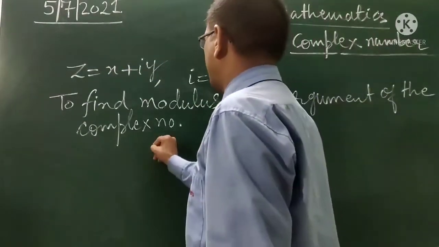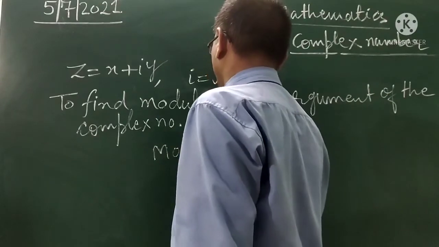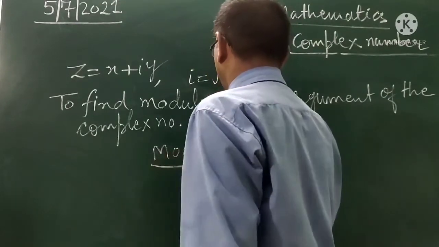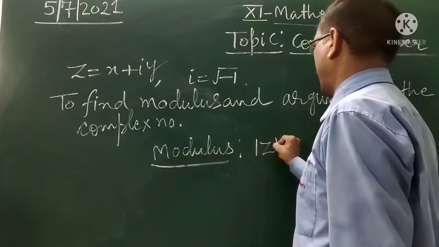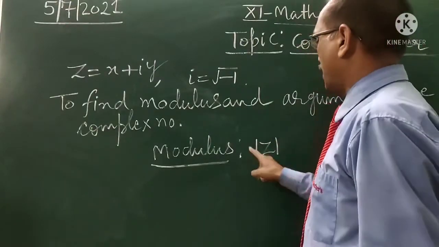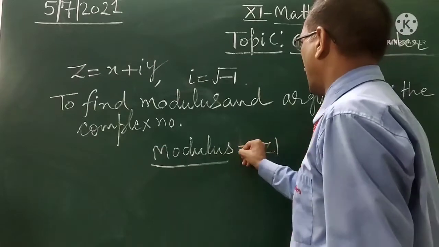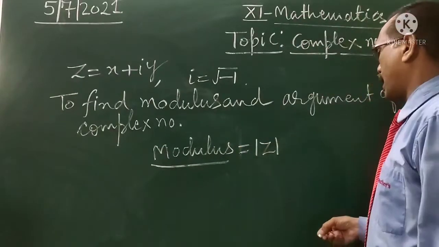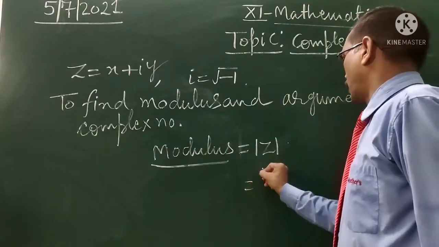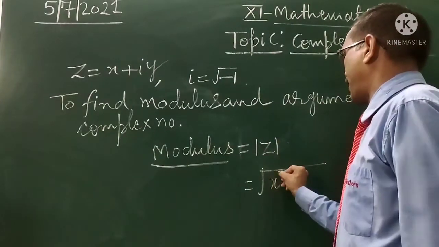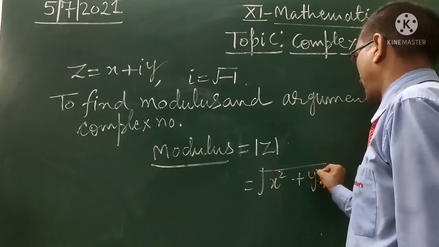First is modulus. Dear student, modulus is denoted by mod z. Mod z means modulus of the complex number. Now, this modulus is equal to root of x square plus y square.